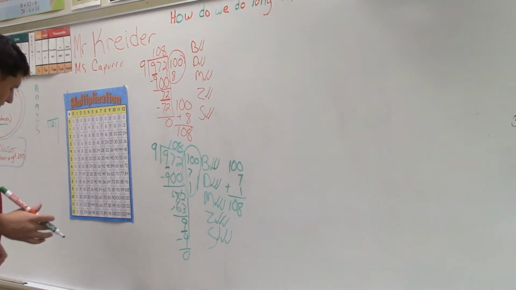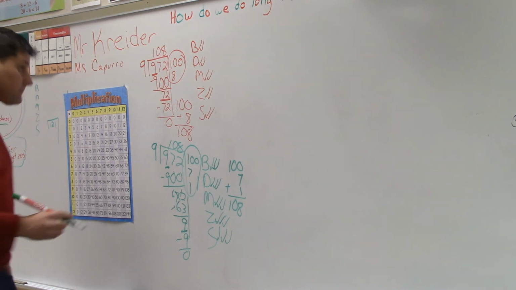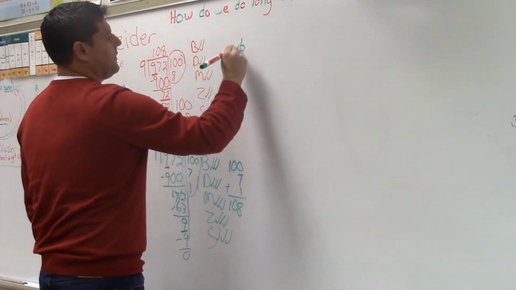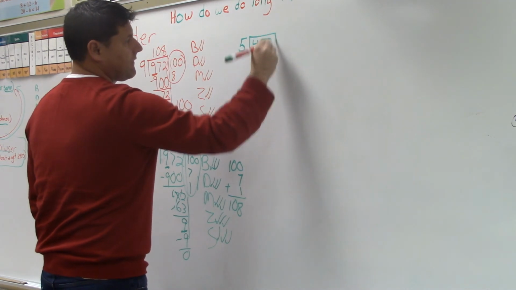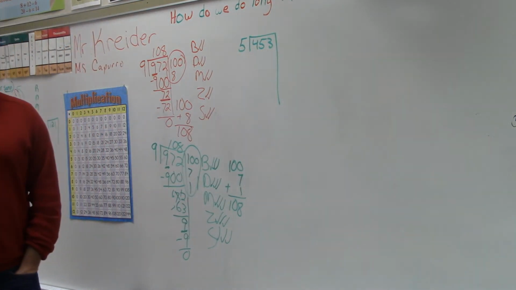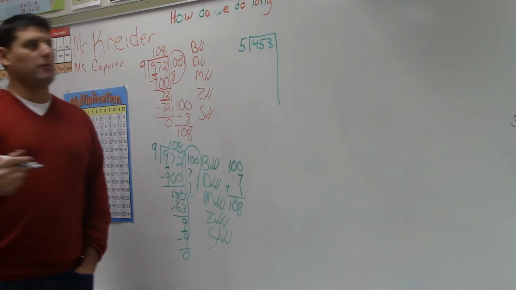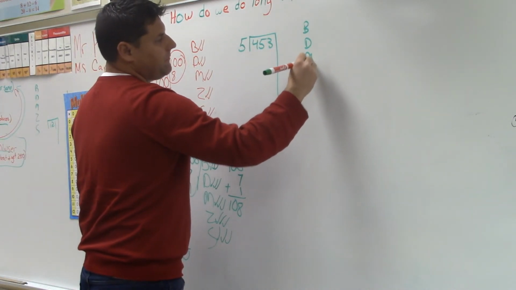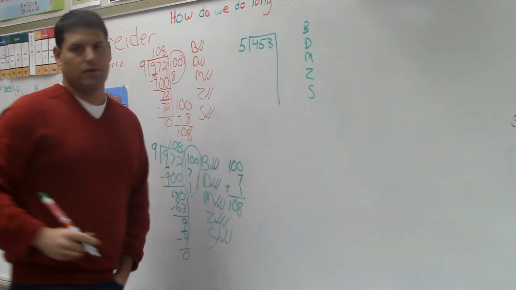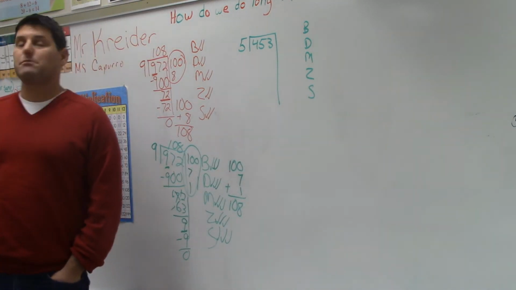Okay? All right, now let's look at this next problem. Okay, we write our problem up, then we put our saying up. Brains do make zebras smarter. Okay, brains do make zebras smarter.